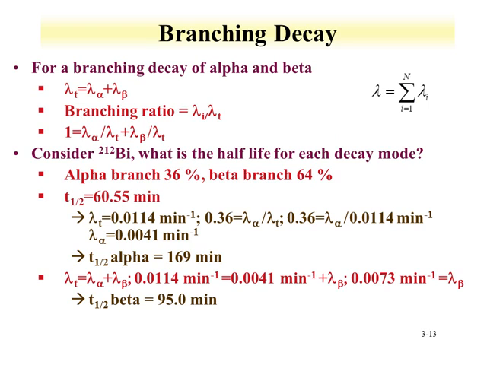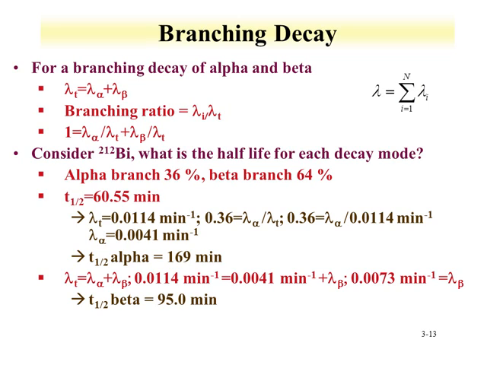We already talked about this equation where the total decay constant is just equal to the sum of the actual decay constants. So for bismuth-212, the total decay constant is equal to the decay constant of alpha plus the decay constant of beta. Our branching ratio, the decay constant of whatever route divided by the total decay constant, is our branching ratio.